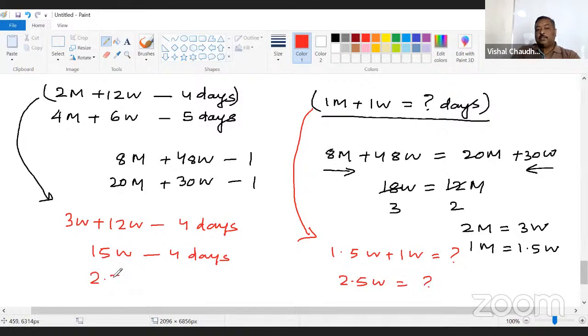So let's write it here, 2.5 women can do it in how many days.